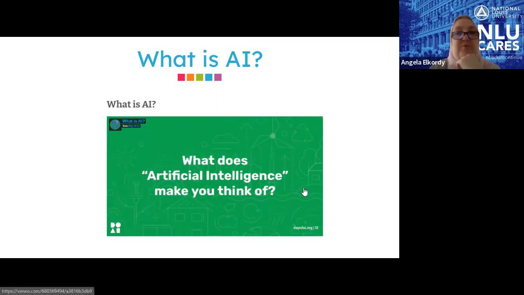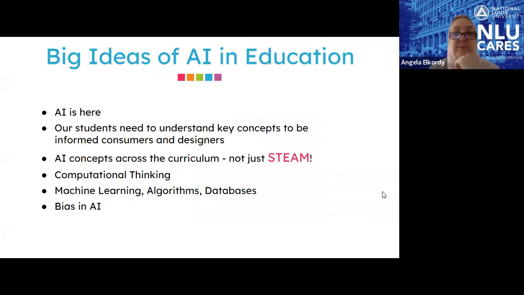So we're not going to go through that now, although you have access to the PowerPoint or the Google Slides, so you'll be able to go through that later. But some more of the big ideas of AI in education that we have not yet talked about are computational thinking, machine learning, algorithms, databases, and bias in AI.